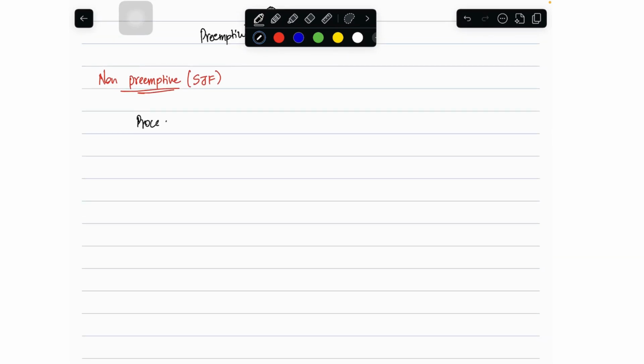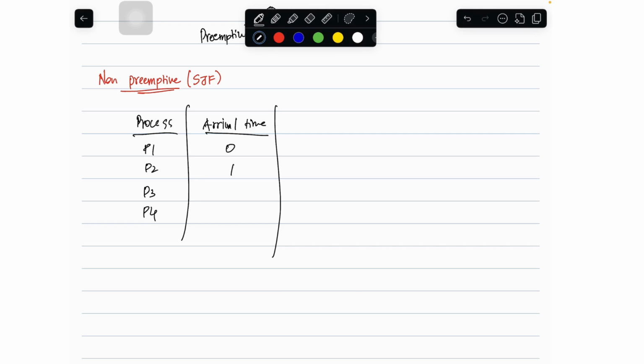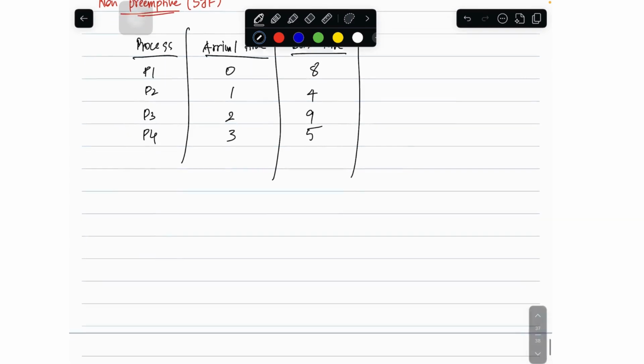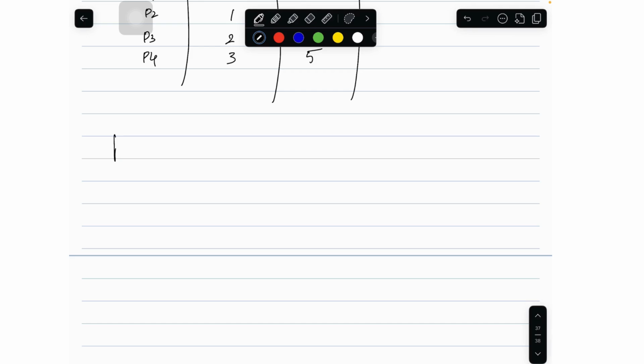So we need the processes P1, P2, P3, P4, arrival time, the time job comes to the ready queue: 0, 1, 2, 3. Burst time: 8, 4, 9, 5. Now we'll do a Gantt chart here.